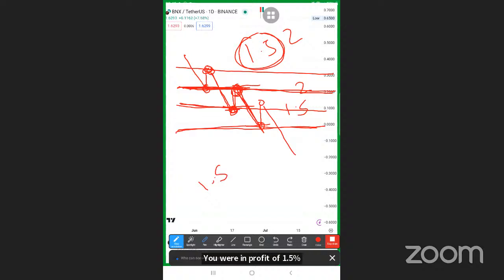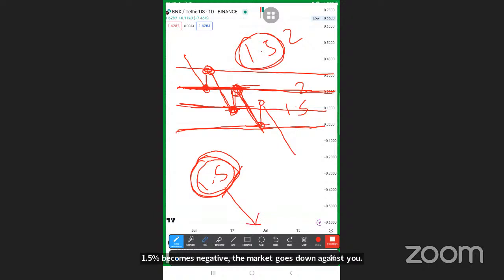When you check your RoyalQ application, the coin was in profit of 1.5%. You started jubilating, being excited because you have landed in profit. The next hour or the next 2 hours, your 1.5% becomes negative. The market goes down against you. Then you said, I was supposed to sell. I could have sold that 1.5% and taken it.